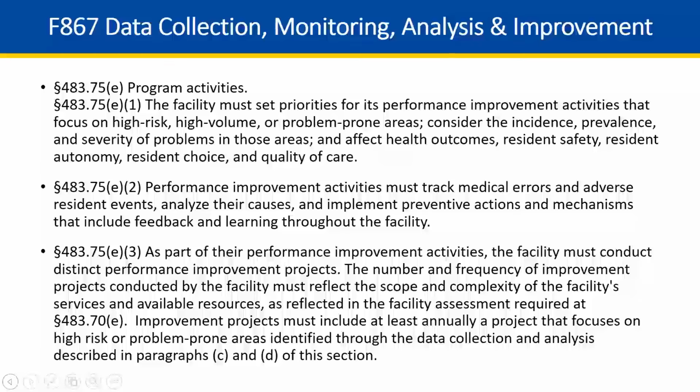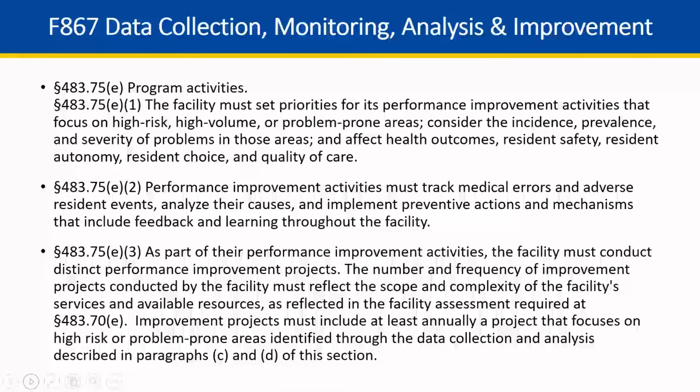As part of its QAPI program activities, the facility must establish priorities for performance improvement activities that focus on resident safety, health outcomes, autonomy, choice and quality of care, as well as high risk, high volume, and/or problem-prone areas.